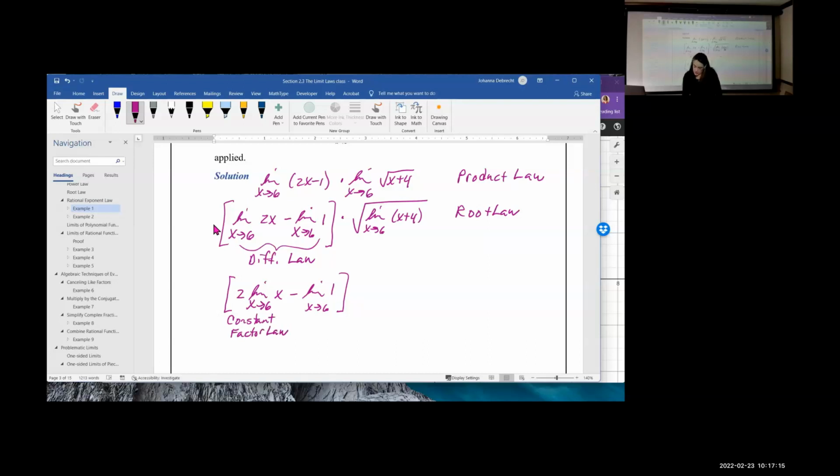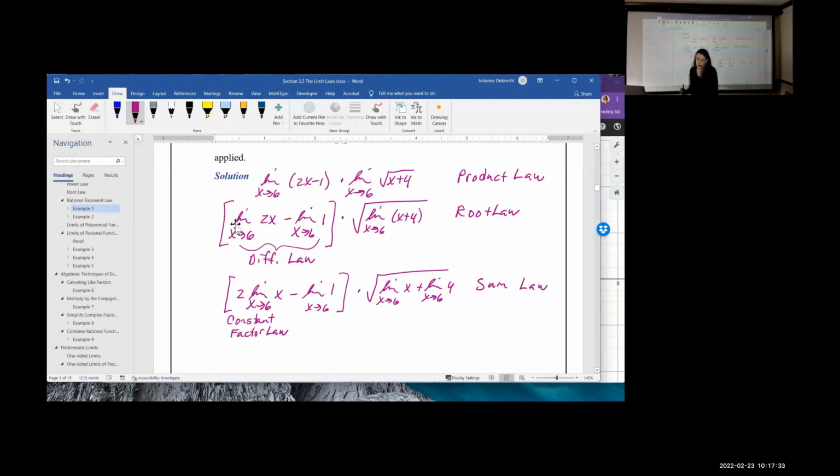And then over here, I'm going to split these two using the sum law. So I have the limit as x approaches 6 of x plus the limit as x approaches 6 of 4. And that's the sum law.